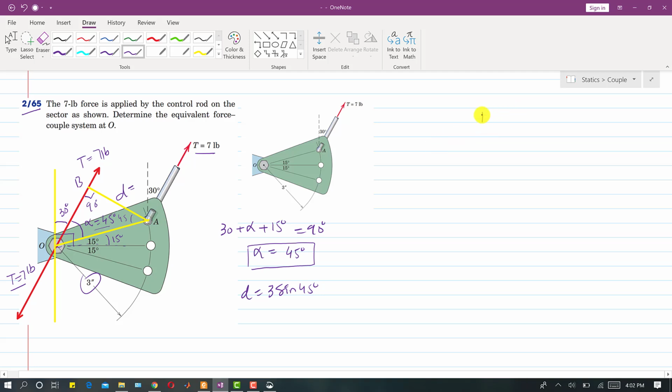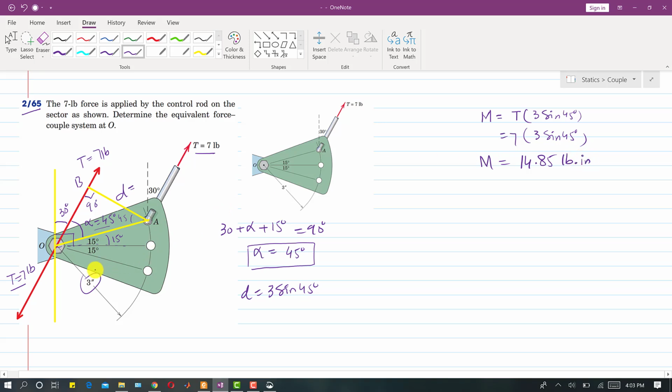Now if we want to find the moment, the moment will be equal to T into 3 sine of 45 degrees. T is 7 pounds, so 7 into 3 sine of 45 degrees. When I solve this, it comes out to be 14.85 pound-inches.